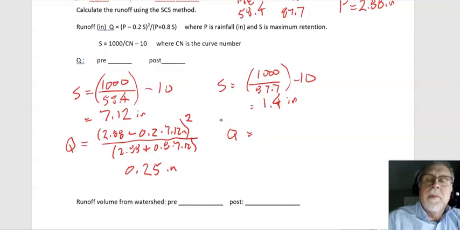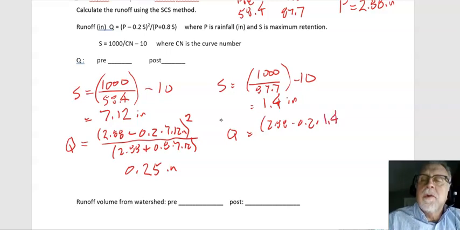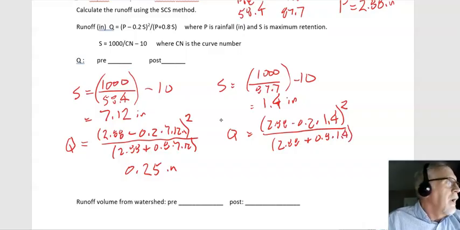On the post-development, 2.88 minus 0.2 times 1.4. So we're subtracting off a smaller number here, and we're squaring that, over 2.88 plus 0.8 times 1.4, and that turns out to be 1.7, or 1.69 inches.